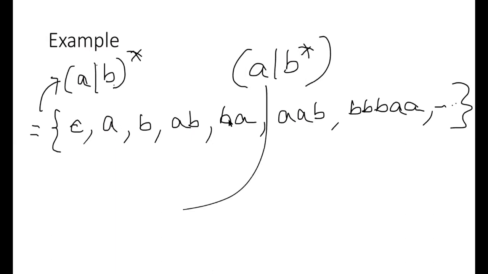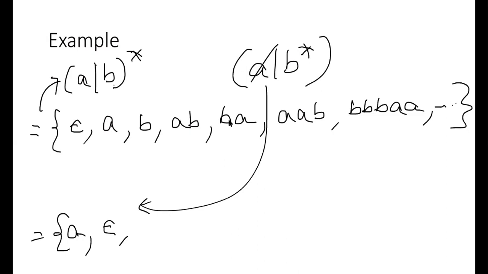For the next one, I can write it like this. This says either it will be A or it will be B star. If it is A, then A will be here. If it is B star, then I may not have to repeat, so epsilon will come, because there is a choice. I may choose to ignore A, so I will start with B star only.